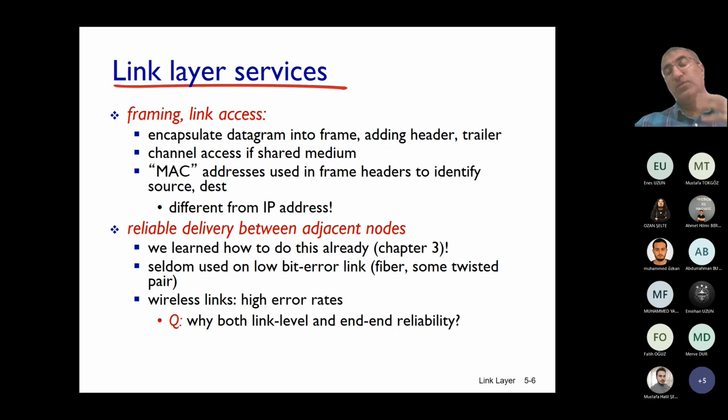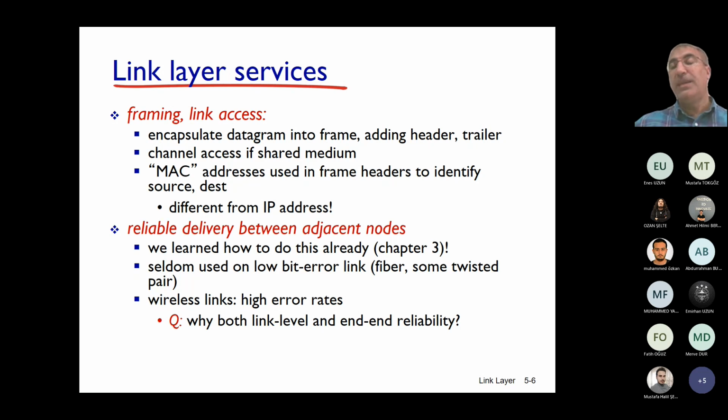As I mentioned, we receive the datagram from the upper layer, which is the network layer, and we encapsulate it into a frame and add a header at the front and a trailer at the back. That's called framing. So we frame the datagram at this layer, encapsulate, and obtain the frame.